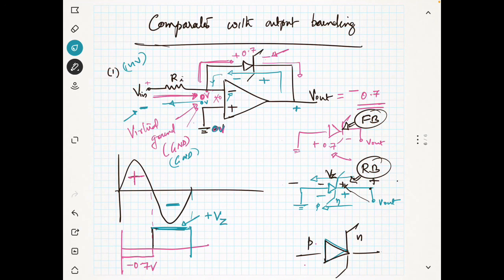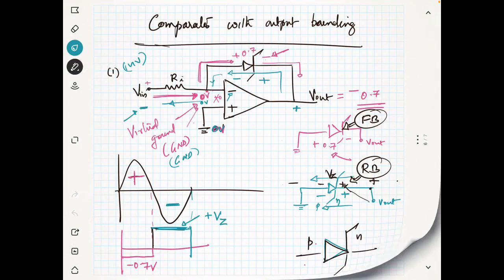But basically my feedback is negative feedback. That's why I'm configuring like this. But I will give you a question anyway. Before that, I will explain one more circuit.